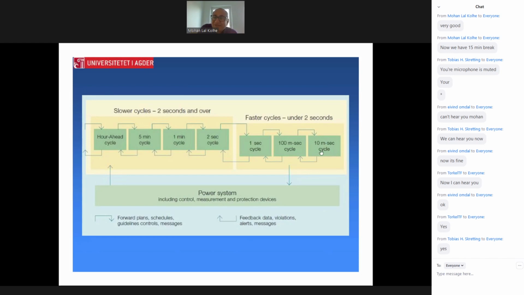This inertia release within a few seconds, we will study in ENE411. Then of course there will be some delay, and another cycle comes, the 100 millisecond cycle.